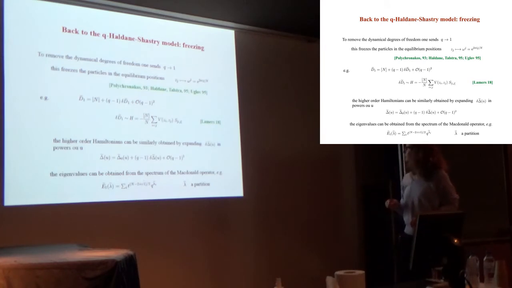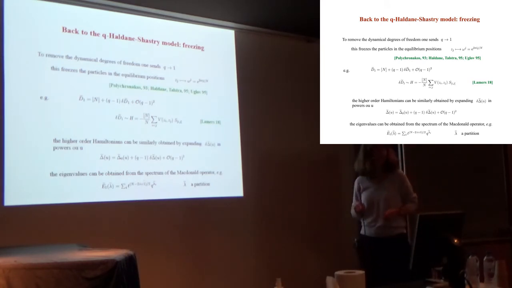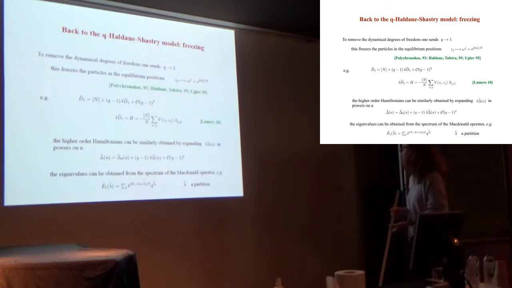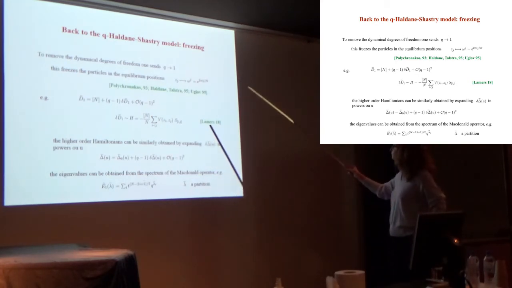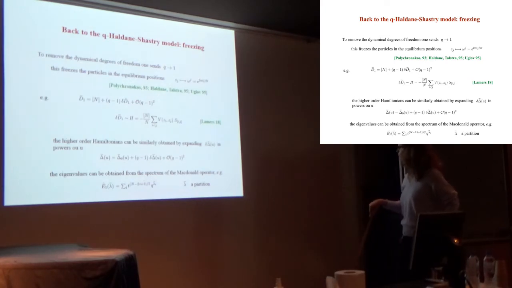So that was the dynamical model. Now we want to get rid of the dynamical coordinates, to freeze the particles in place, by sending this parameter, which enters into the shift, to 1.